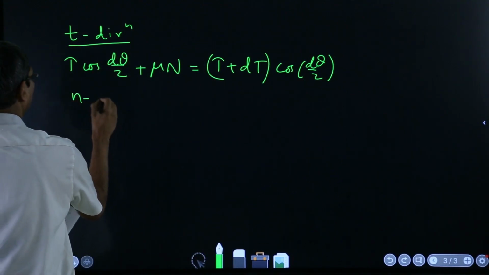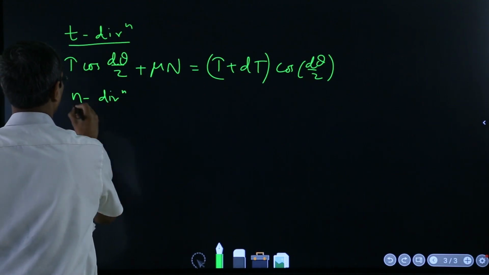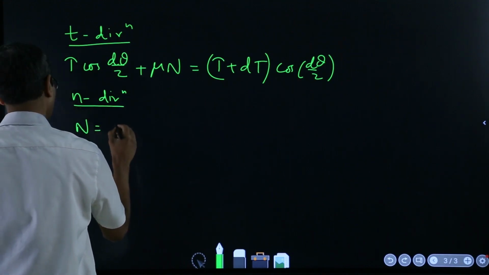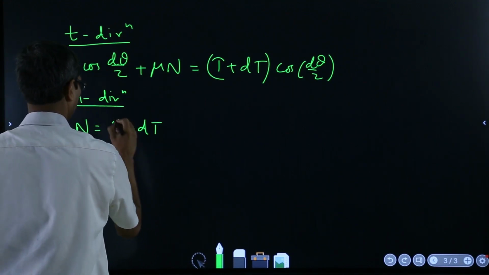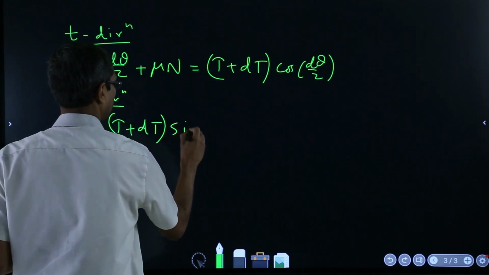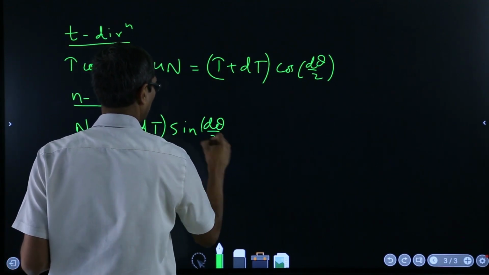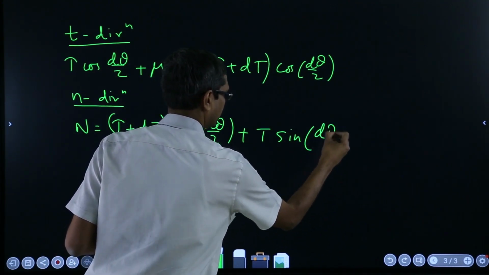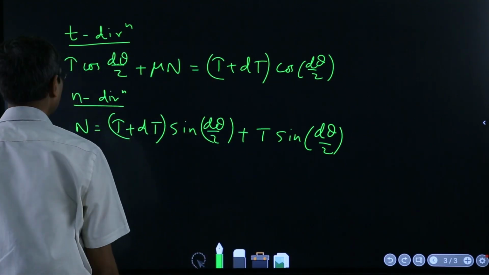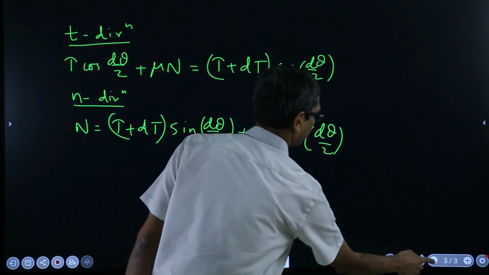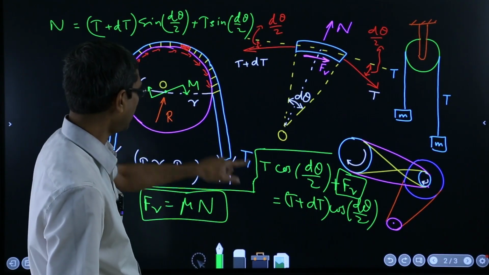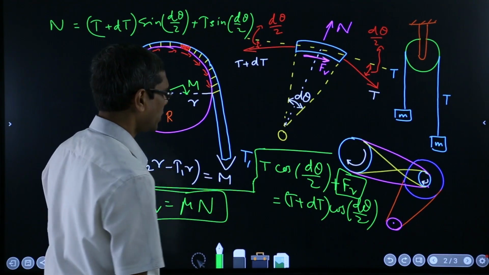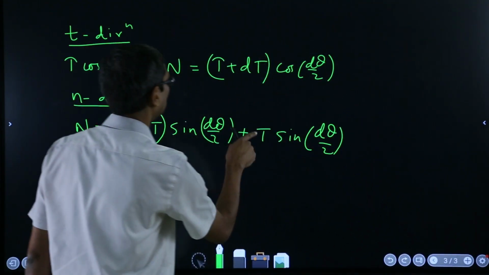And in the normal direction the equation is N is equal to (T + dT) times sine of d theta over 2 plus T sine of d theta over 2, right. So these are the two equations which I had written there. So this is the normal direction and this is the tangential direction with Fr replaced with mu N, okay. So that's the whole thing.